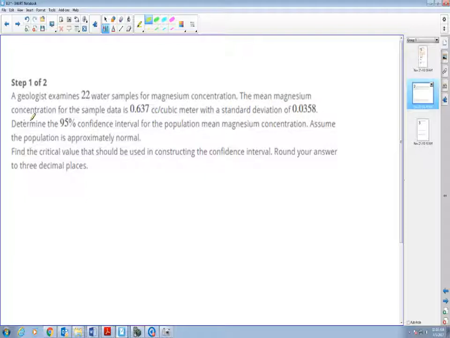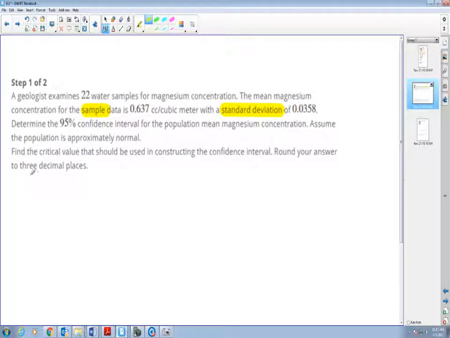The mean magnesium concentration of the sample data is 0.637, so the mean out of the 22 water samples is 0.637 cc per cubic meter, with a standard deviation. What does this standard deviation mean? It has got to be from the sample. So this 0.0358 is your sample standard deviation. Determine the 95% confidence level for the population mean.